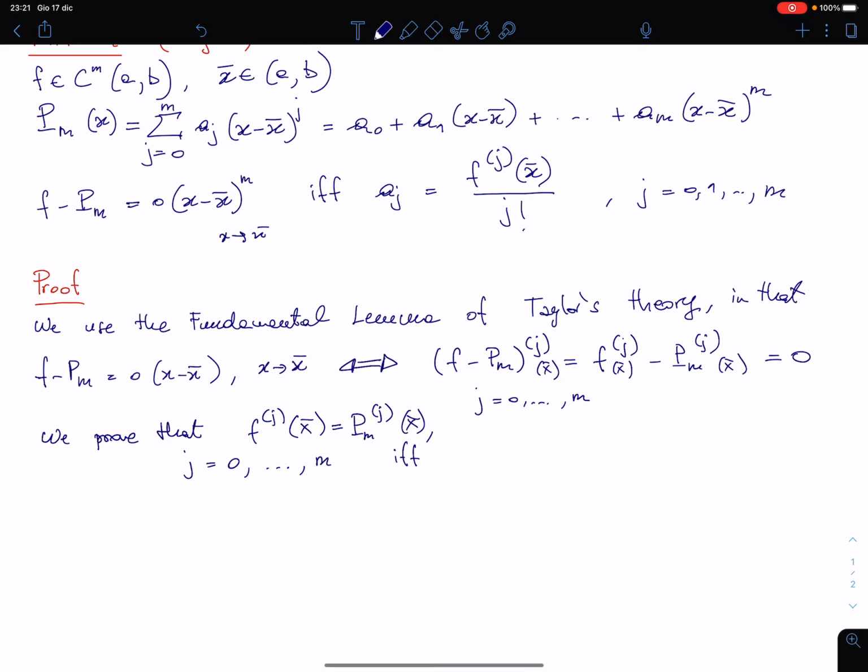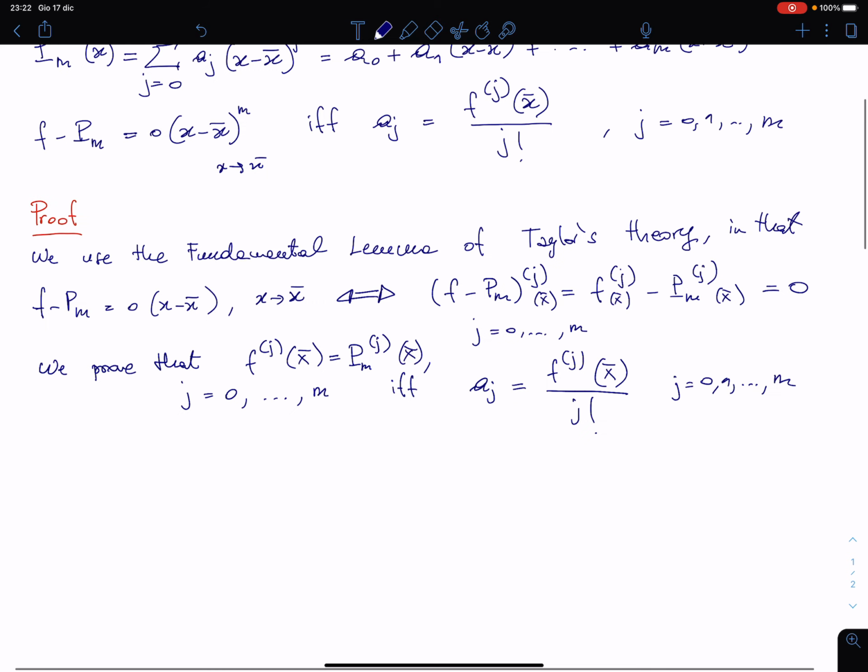if and only if this condition is satisfied: aj is equal to f^(j) of x bar divided by j factorial for every j. And this is just a matter of computation.